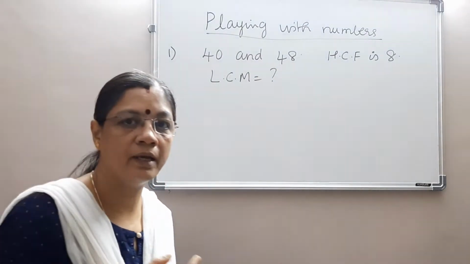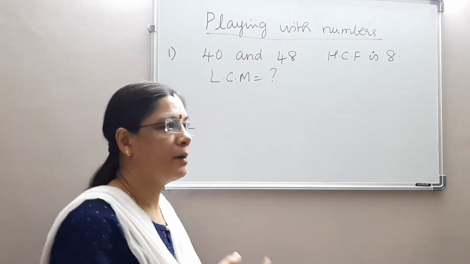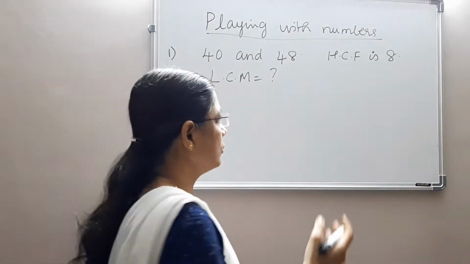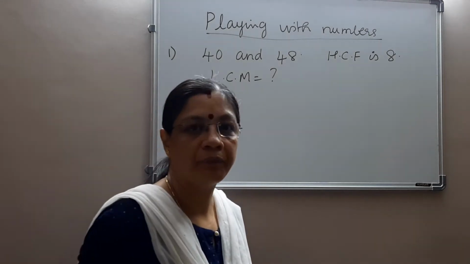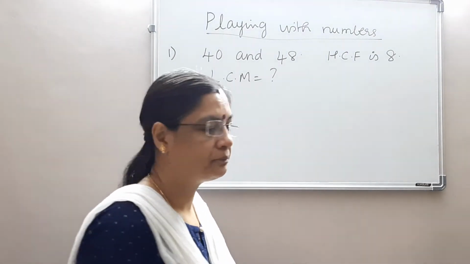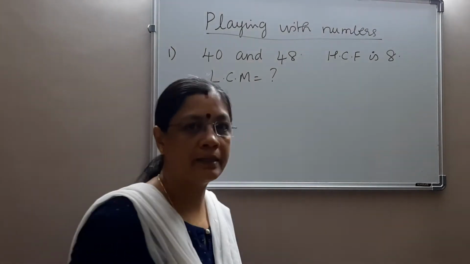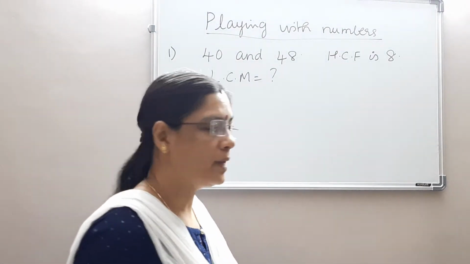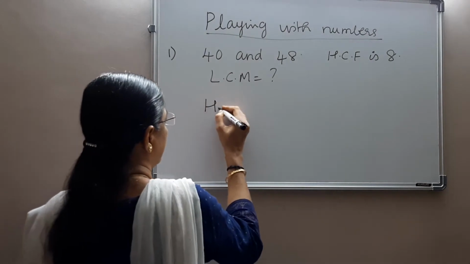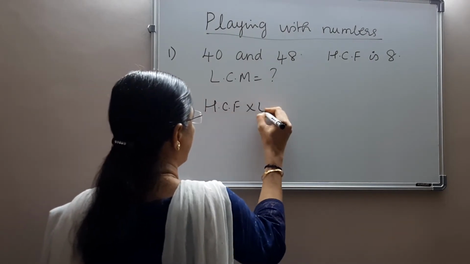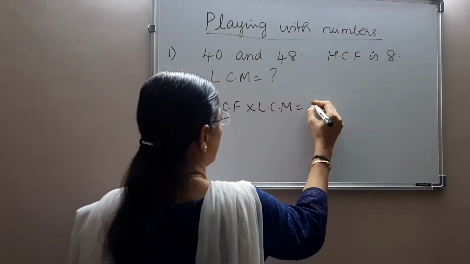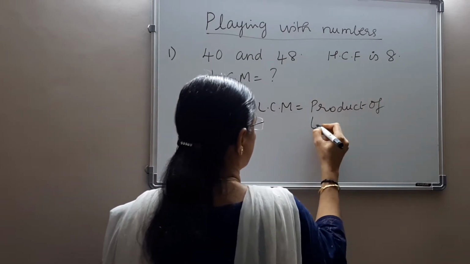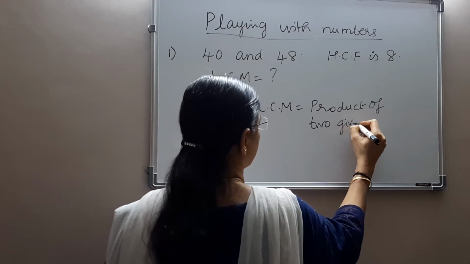Actually, how do we find the HCF and LCM? By doing the long division method or prime factorization method, and we also have many other methods to find HCF. But how do we find LCM without doing all those methods? We have a relationship: HCF into LCM is equal to the product of the two given numbers.